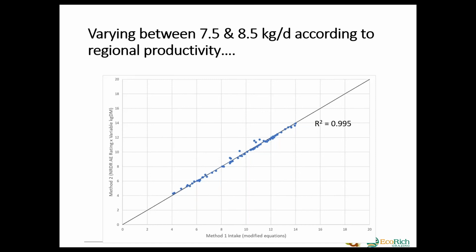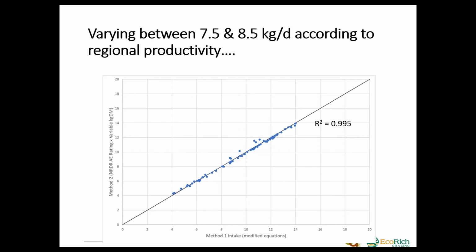This is a point of confusion, and it does take a bit to get the head around, where we're saying that AEs on better quality pasture eat less. But the key thing there is it's what dry matter is required to get a given amount of energy. Animals on poorer quality pasture need to consume more kilos of that pasture to get a given amount of energy, and animals on better quality pasture need to consume less per AE to get the same amount of energy.